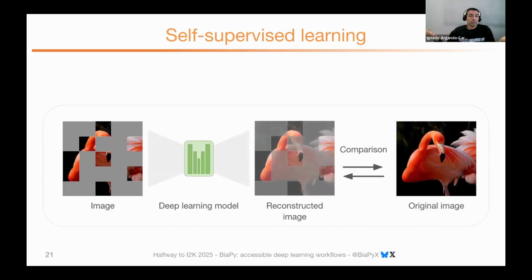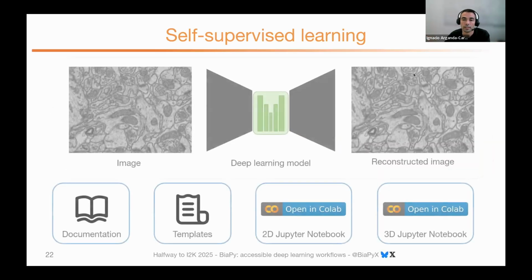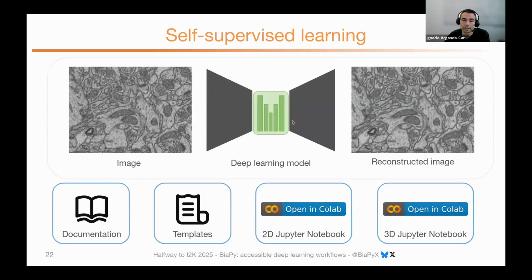You can do this with data that hasn't been labeled. It has no masks, no detections, no categories, etc. But it allows the model to learn about the content of the images. The output of this at the end is a trained model that you can then use as a starting point for any other task.